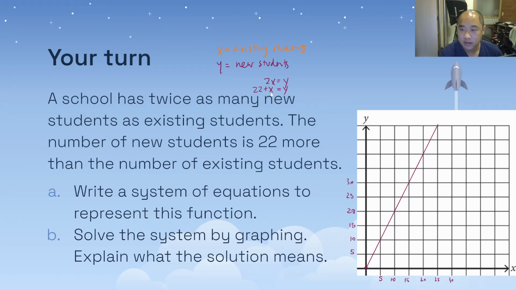And then the second equation has a y-intercept of 22, which is about right here. And it's going to go up by 1. So it's going to start here, and it's going to, that's not the line.